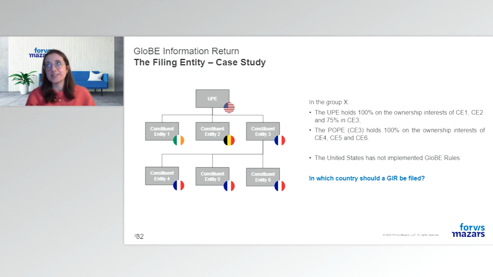But if there is a designated local entity, then there's only one GloBE information return in that jurisdiction. So it will be on a jurisdiction basis. If a designated local entity is appointed, it's only one per jurisdiction and not as many as there are constituent entities. And then looking at the next question.